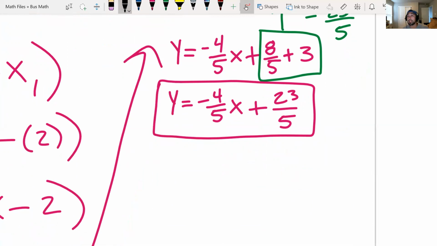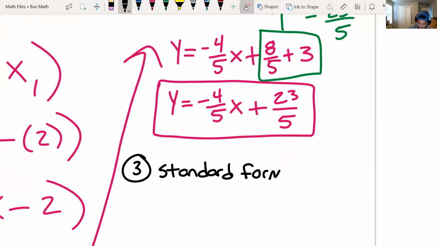Okay. Which brings us to the last step, putting it in standard form. So we'll call this 3. I'll fit this in here. Put it in standard form, and that is ax plus by equal to c.